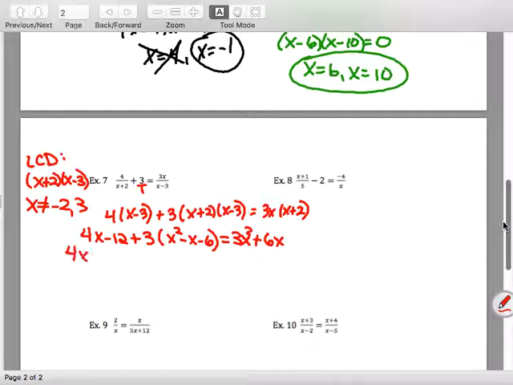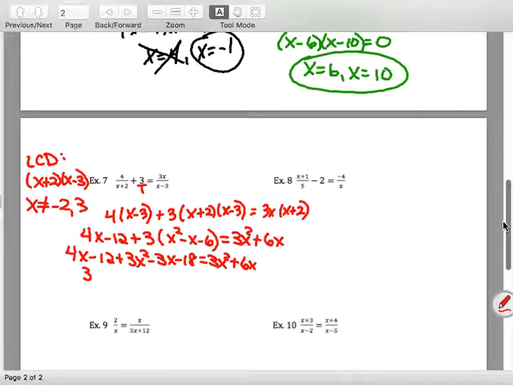So this is 4x minus 12 plus 3x squared minus 3x minus 18. So then you can begin to appreciate some algebra 1. Do you remember when you did 3 times x plus 2 times x minus 3 in algebra 1 and you wondered, why were we doing that? Well, here it's in rational equations.